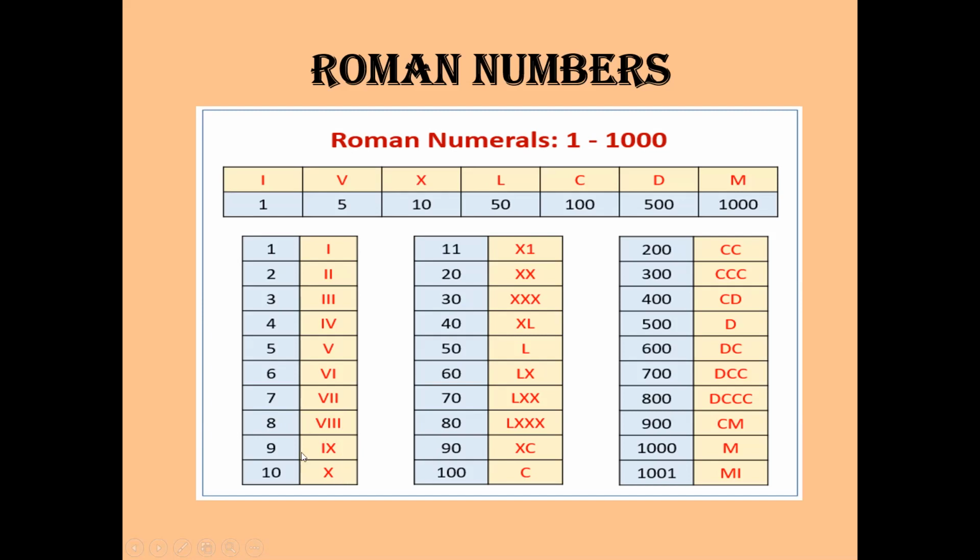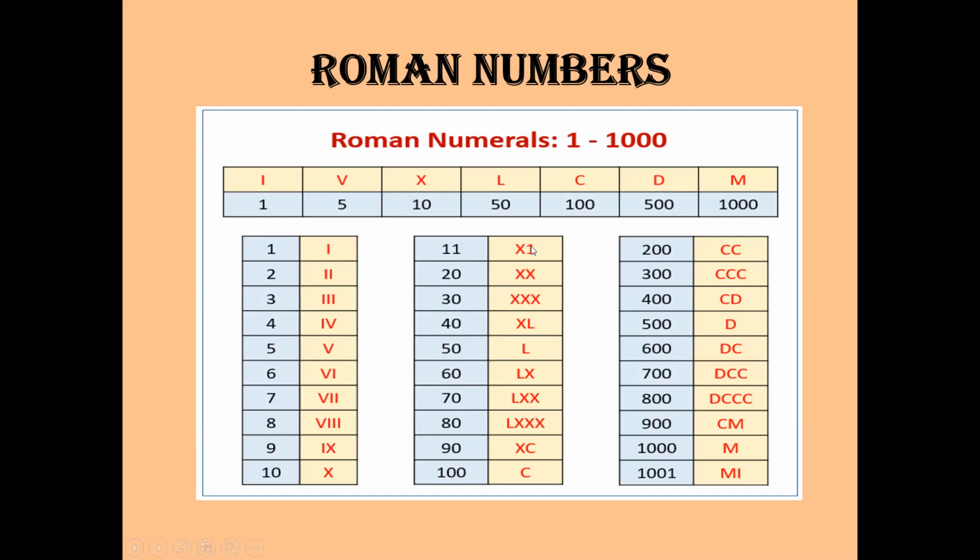Let us learn how we can write 9. First, you have 10, X. If I write I on the left side, it means we will subtract 1 from 10. If you subtract 1 from 10, it will be 9. Now here, as you know, X is 10. If you want to write 11, it is XI, okay?